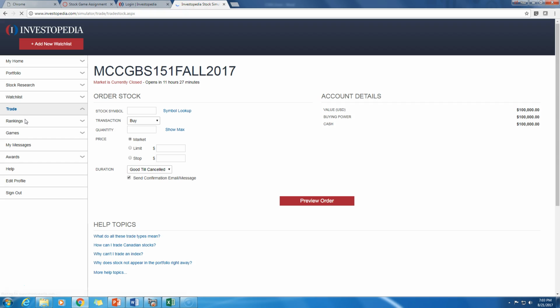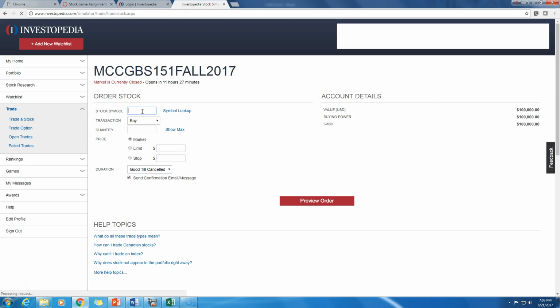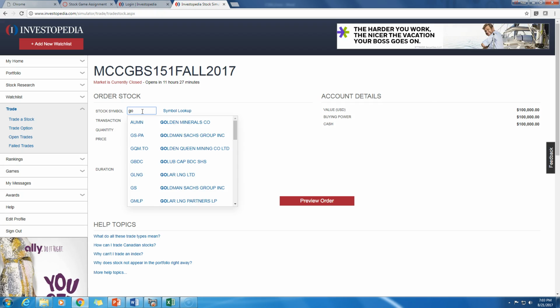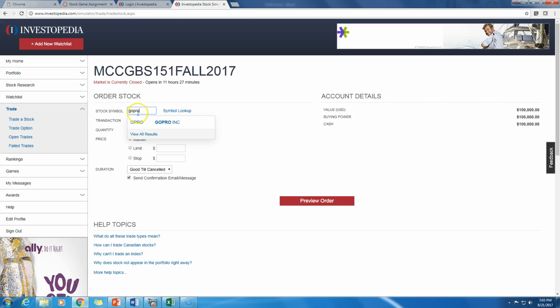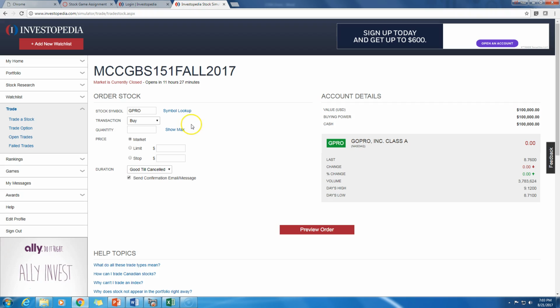So you can do this at least 5 times to invest all your money. I'm going to buy some GoPro only because it's trading very low right now. And maybe if it ever comes up during the course of the next 6 weeks, I can recoup the money I actually lost in real life when I bought GoPro at $50.